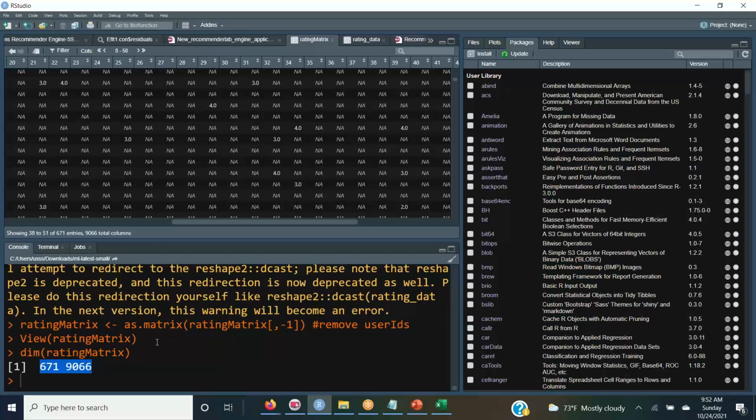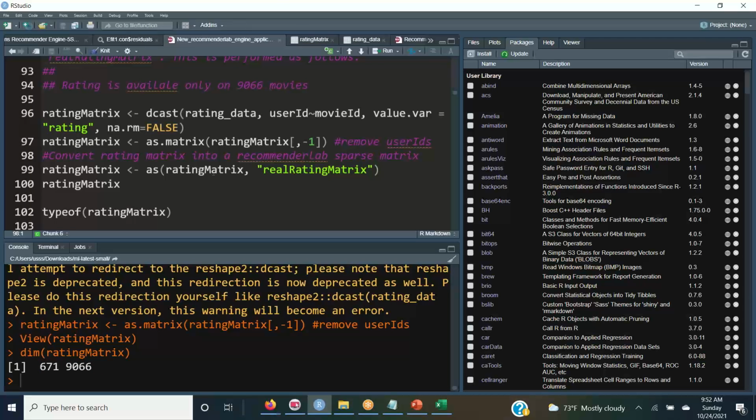Once that is done, the last part of the wrangling is this: right now it is viewable by us as humans, right? But then we make it into an object that is used directly by recommenderlab. I'm going to convert it into an object called realRatingMatrix.